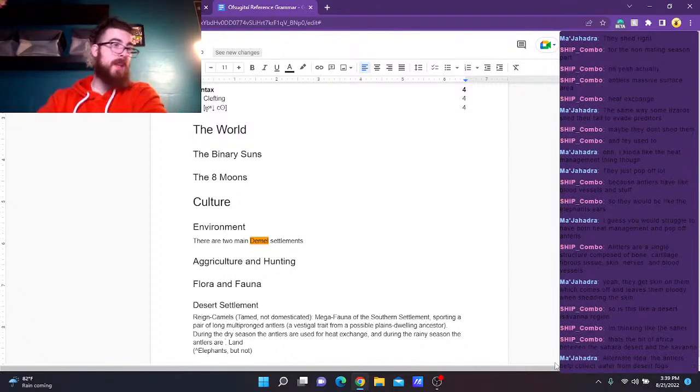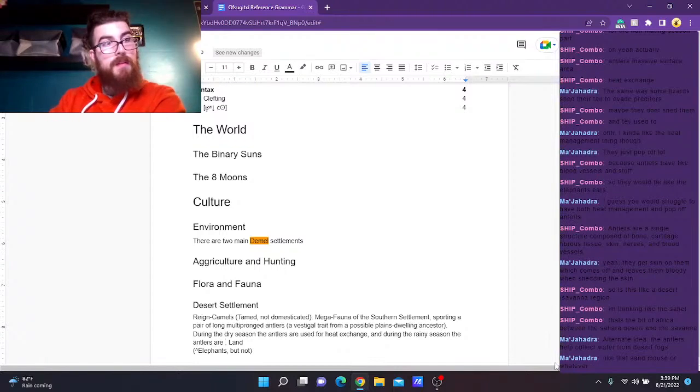So we could say they grow spiky. Hear me out. Let's say that these megafauna, these apex predators, have a symbiotic relationship with itty bitty creatures, kind of like sharks and crocodiles.